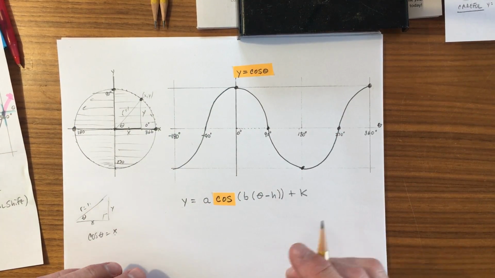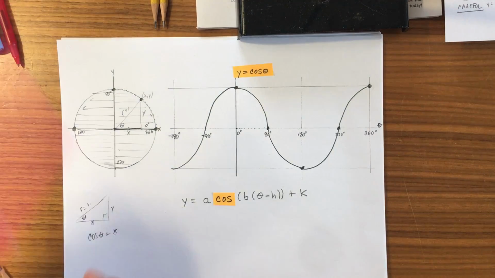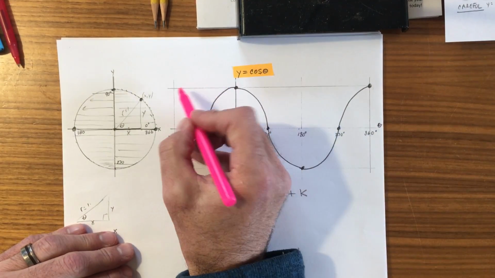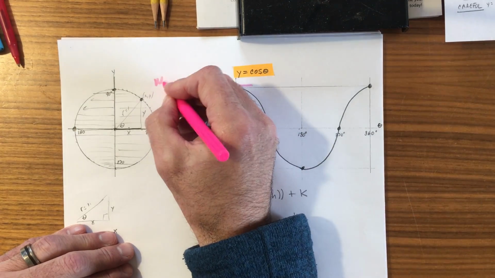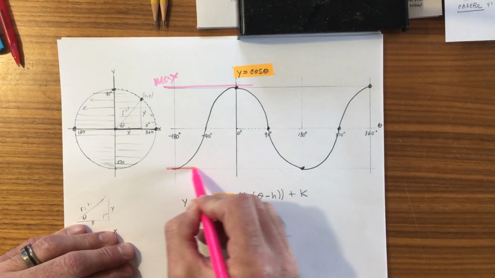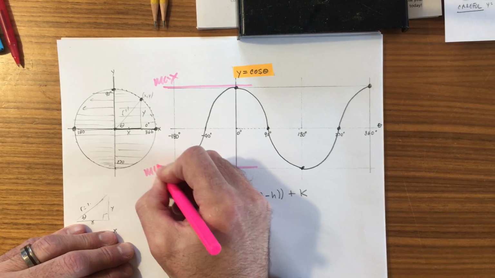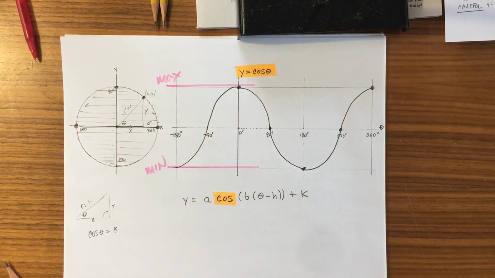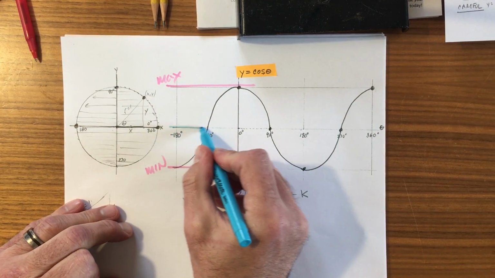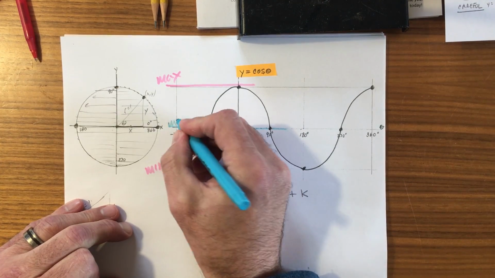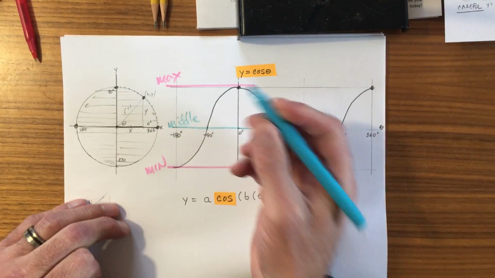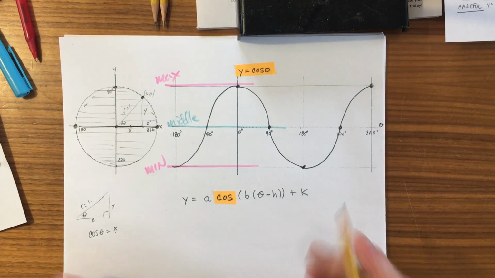And there's a couple of things maybe I can clarify better. We always have a max, and we always have a min, and then we always have a middle, okay?